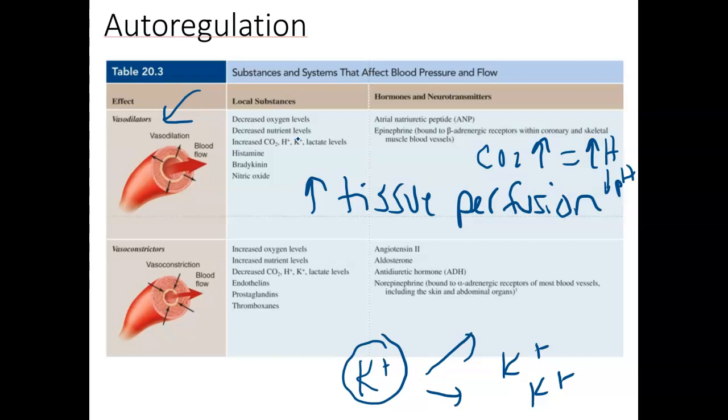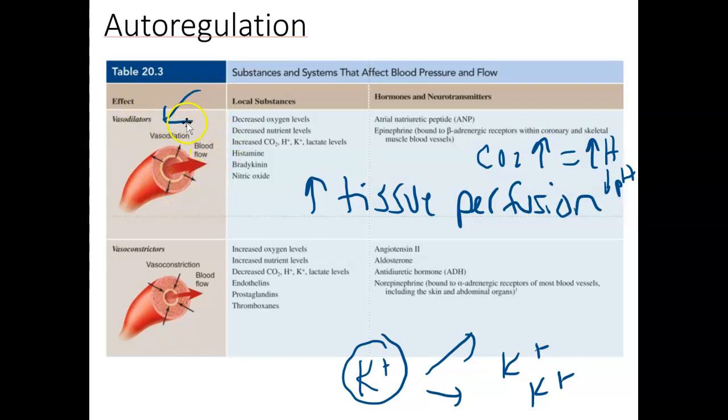And so it's perfect that when these substances are produced, they automatically trigger vasodilation and relax the precapillary sphincter to correct the situation. There's some chemicals that also do this. Histamine and bradykinin you learned in the inflammatory response. Well, remember that inflammation primarily happens because of vasodilation.